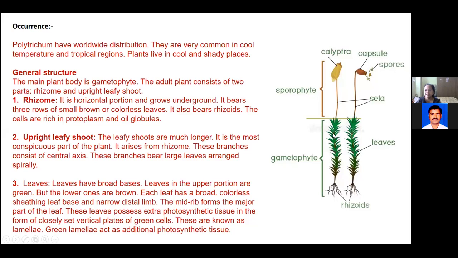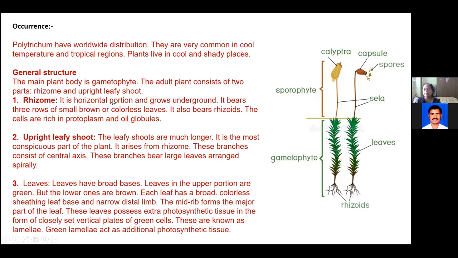Now, this adult plant, I can divide into mainly two parts, which are the basal rhizome part and the upright leafy shoot. What do you mean by the rhizome?